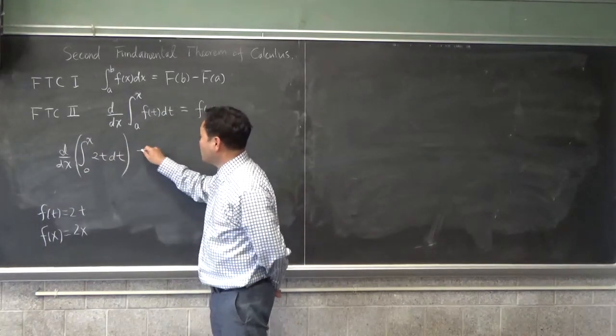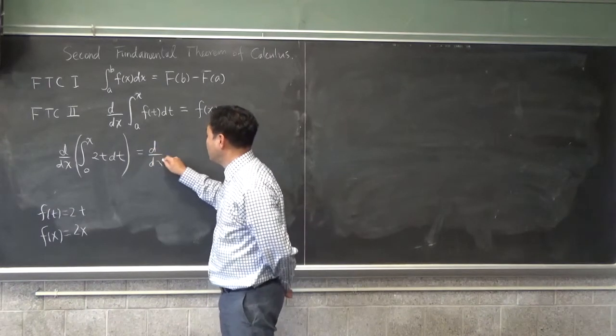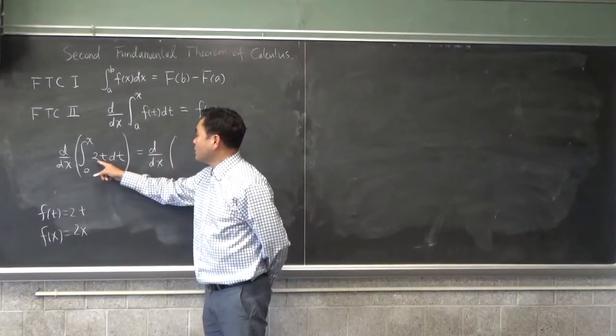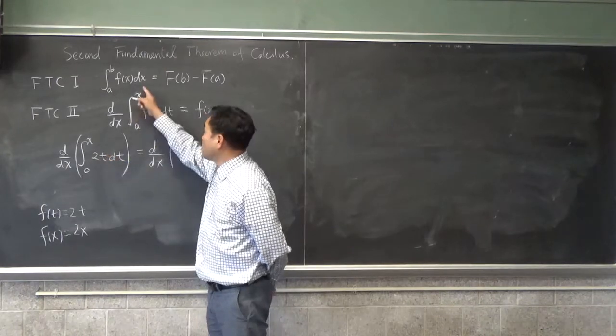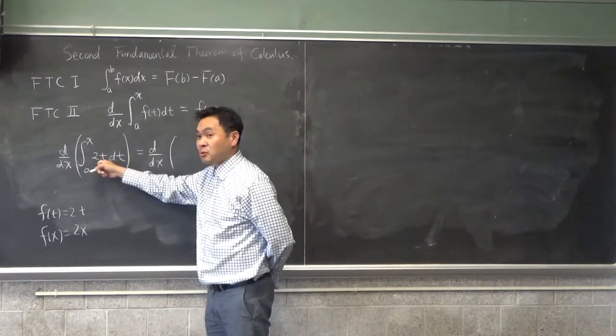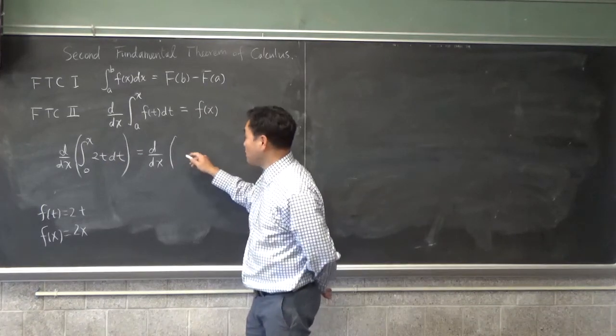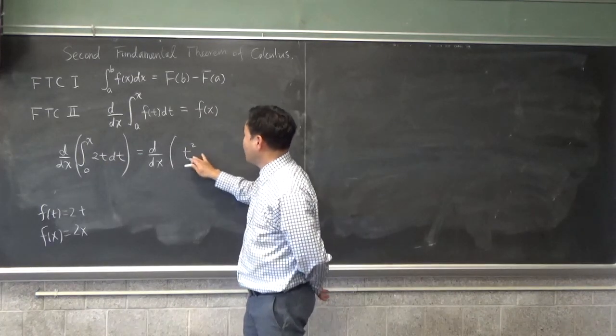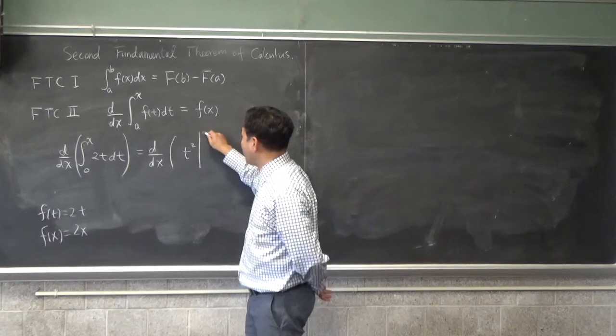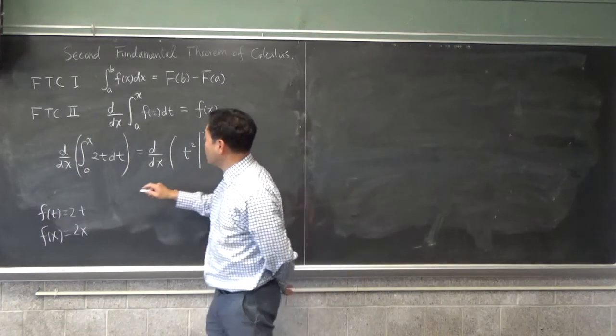Now, why is that? Well, first, the fundamental theorem of calculus 1 says, what do we need to do? We find the antiderivative of 2t, which is t squared. And into this, we plug in x and 0.